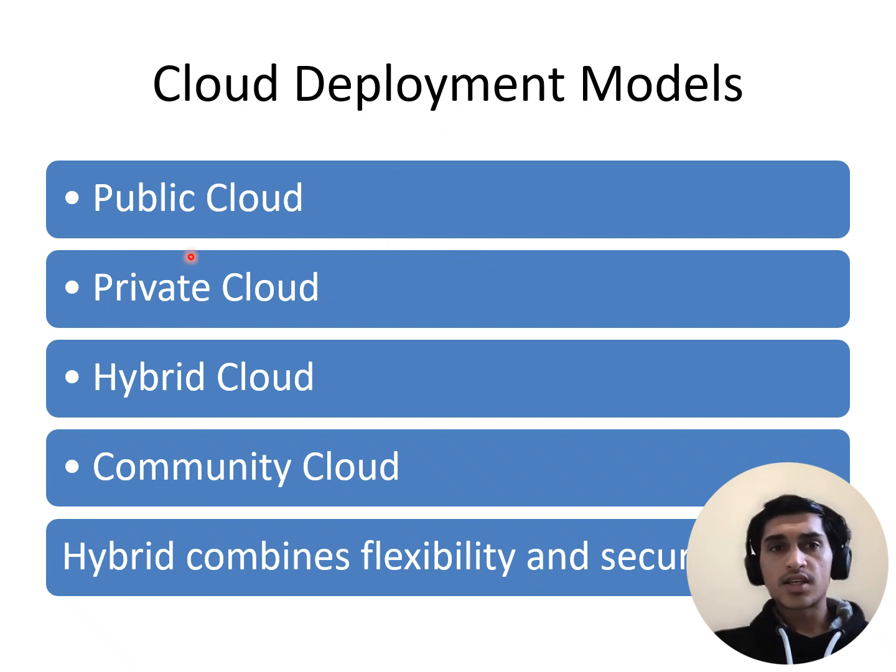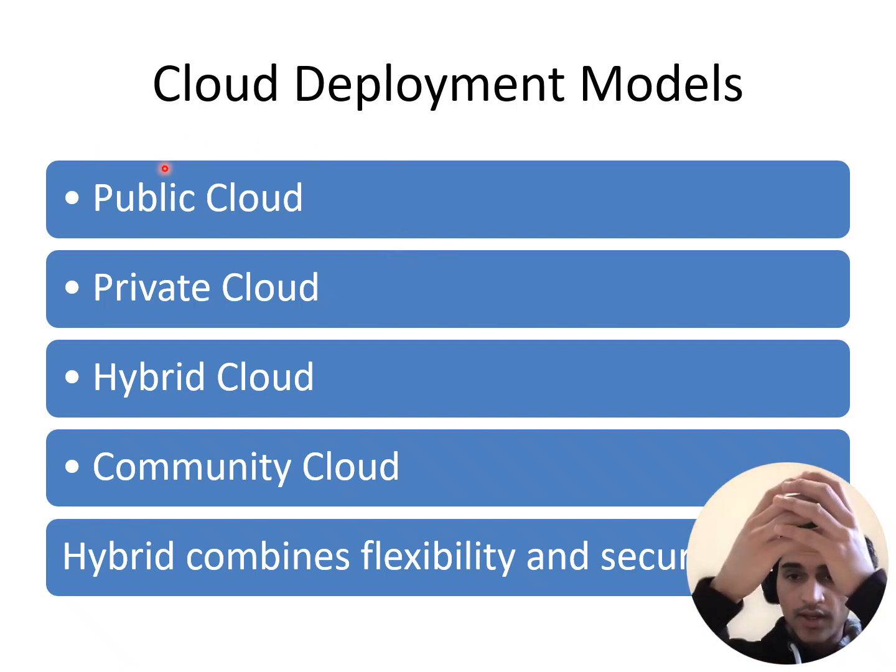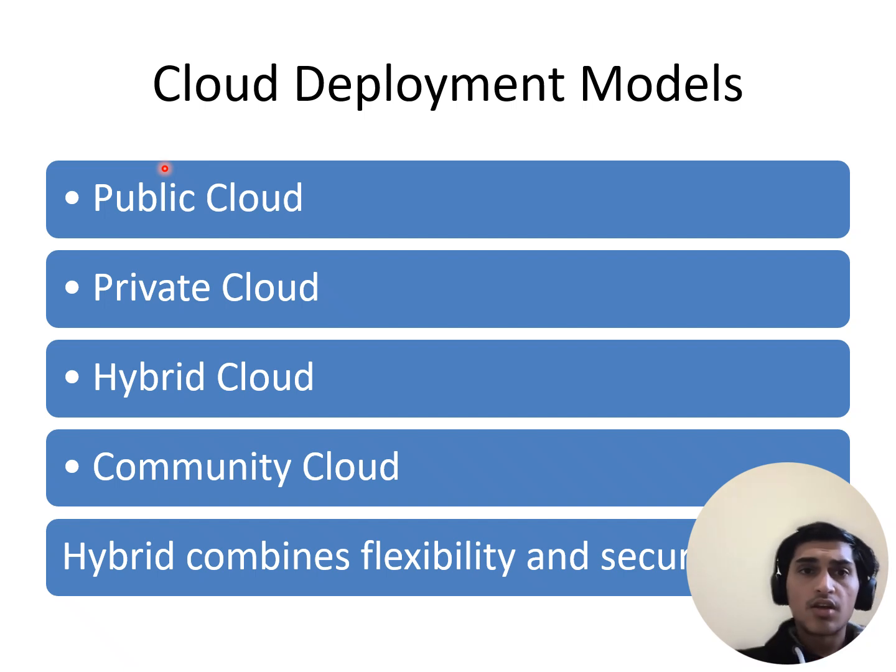Public cloud is for all users or big companies; it's over the internet and anyone can access and use it. The private cloud is for a private company, such as a hospital that has its own servers to keep track of patients. And then the hybrid cloud, let's take the same example of a hospital. It's basically a combination of a public cloud and a private cloud.